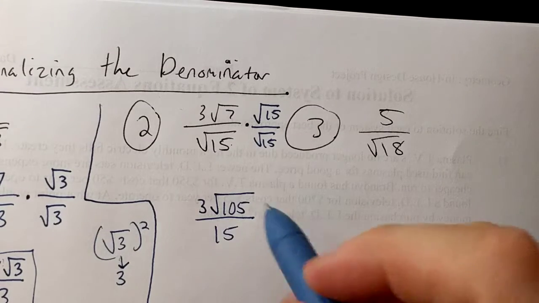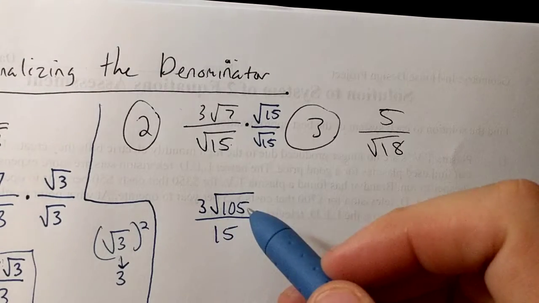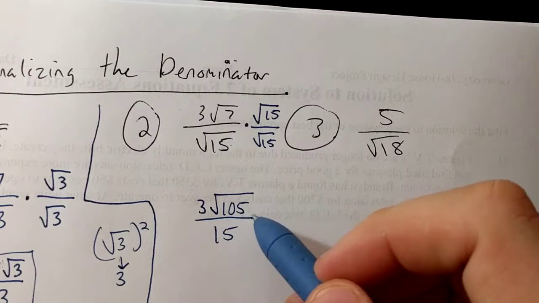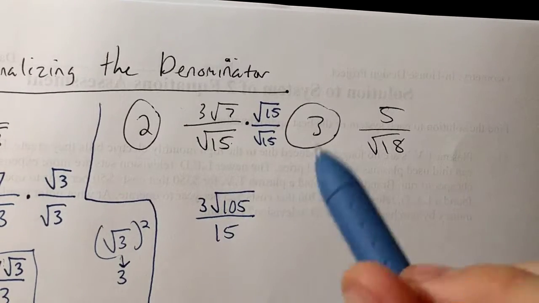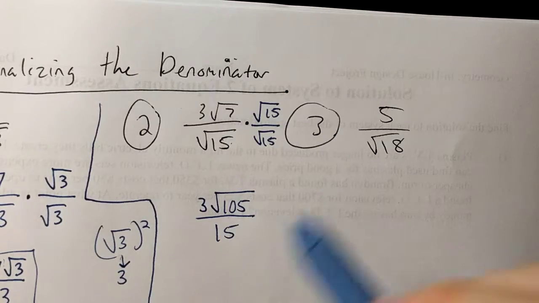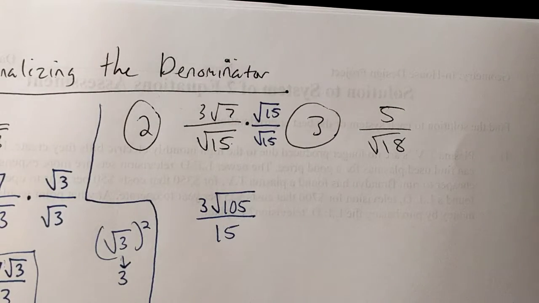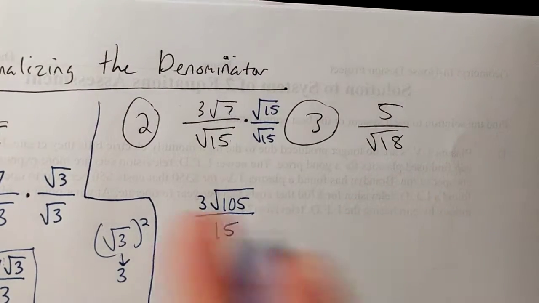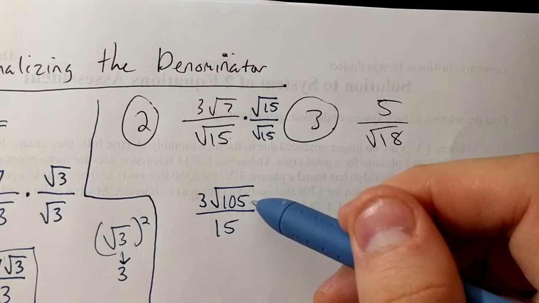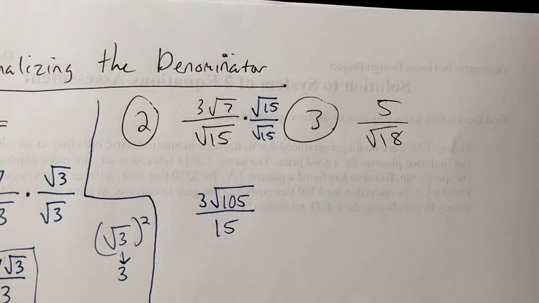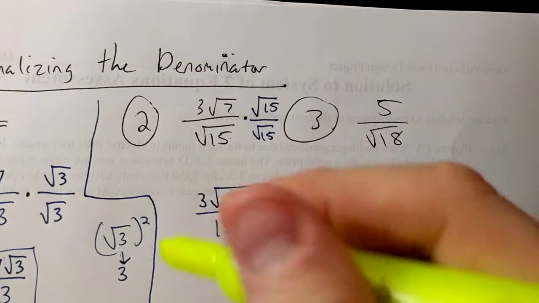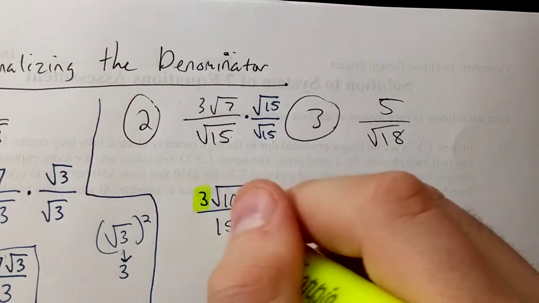Alright, double check to see if the radical can be simplified. Is there a perfect square that goes into 105? So start at 100, then 81, 64, 49, 36, and so on. And you'll find out when you go down the list of perfect squares that it cannot be simplified. So this is going to stay as is. Check to see if the numbers on the outside of the radical, though, 3 over 15, can be simplified.